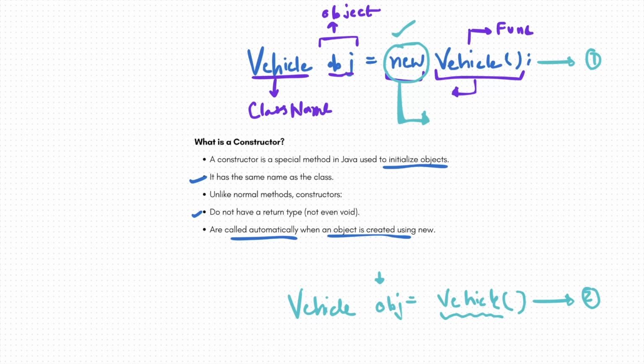So whenever this new keyword comes anywhere in Java, it means you are calling a constructor. This is where your learning for constructors starts. So if someone asks you how do you call a constructor, with the help of the new keyword. If you don't use this new keyword, it means you are just calling a function.